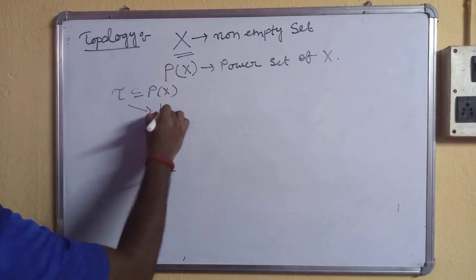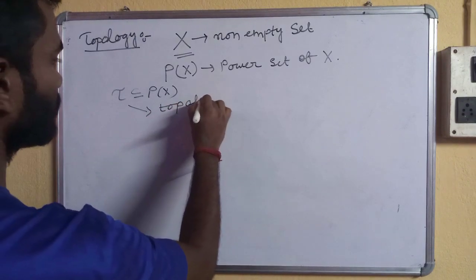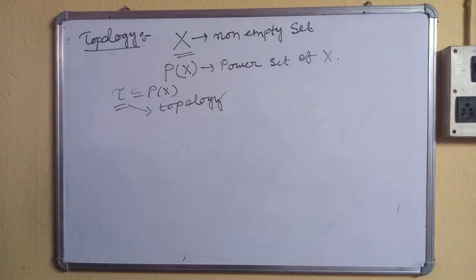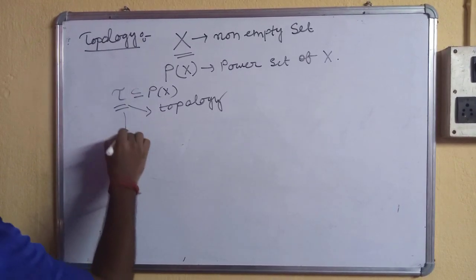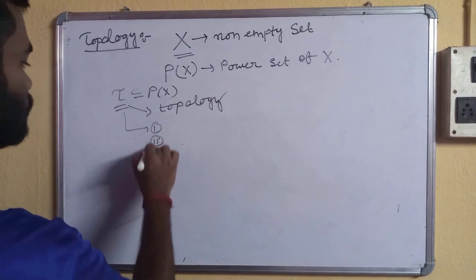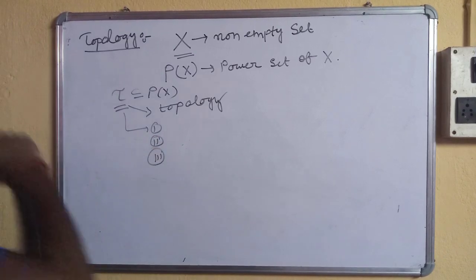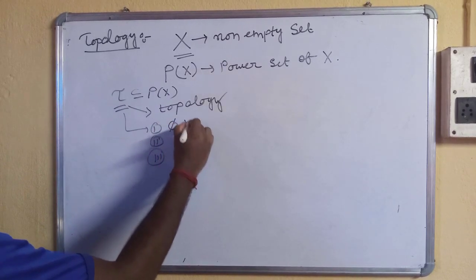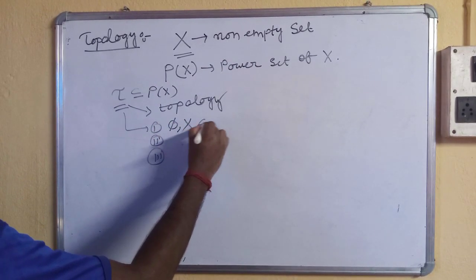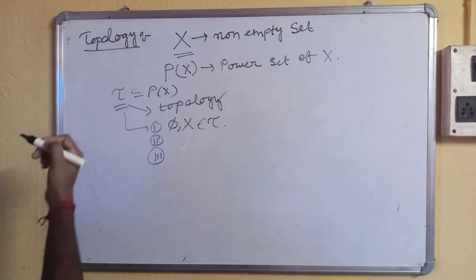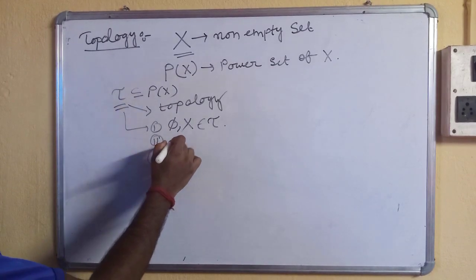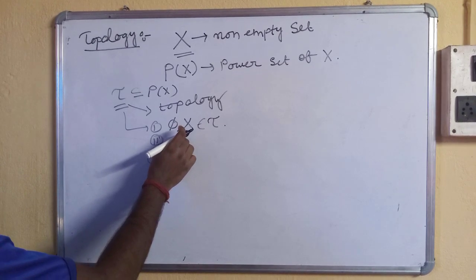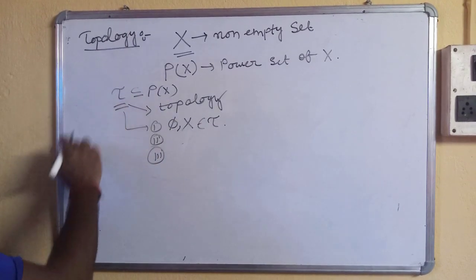It is said to be a topology when tau satisfies some conditions, number 1, number 2 and number 3. Number 1, the null set and the whole set both belong to tau. Number 2, any arbitrary union of collections of tau is in tau.